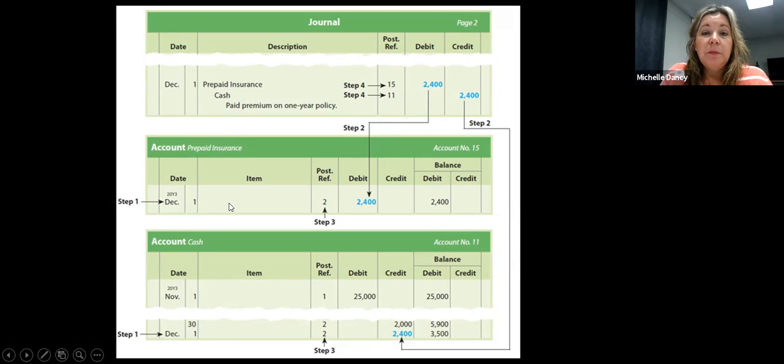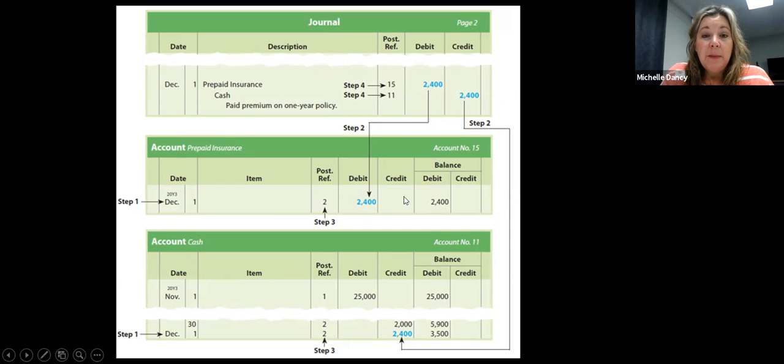As long as we're just posting normal everyday transactions like we are in this chapter, we're going to leave this blank, okay? I'm going to go over here to the debit column and I'm going to put in $2,400. Why am I putting it as a debit? Because up here in the journal, it was a debit and I'm just copying.